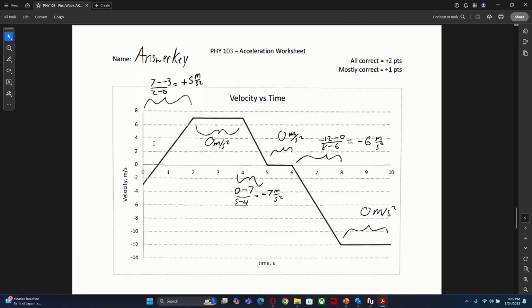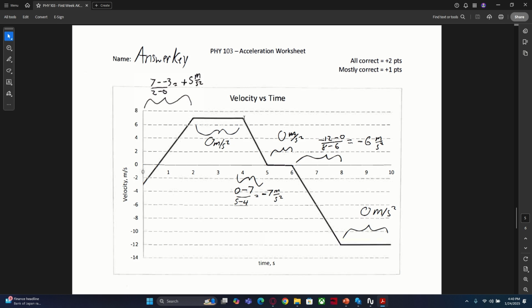Well, calculating the slopes, this line segment, the top height is 7 minus the bottom height, -3, and then the time length, 2 minus 0. That came out to a slope of positive 5 meters per second squared. This horizontal line, well, we already know that that's just going to be 0, and that's spanned from 2 to 4 seconds.